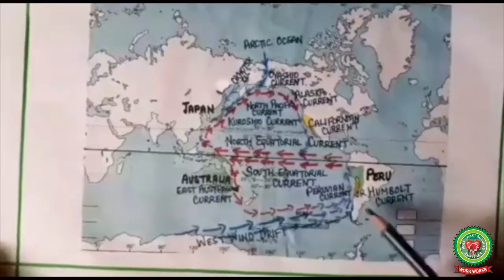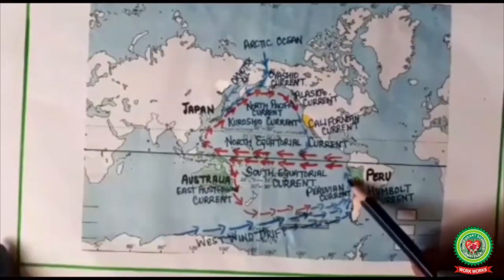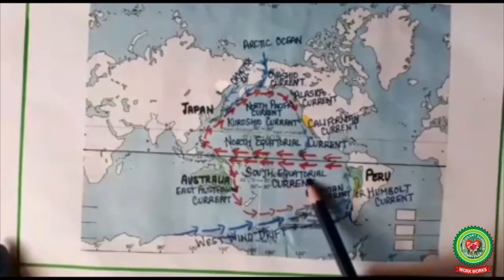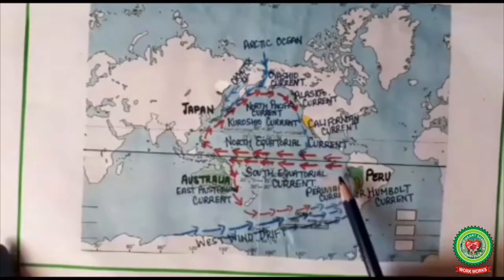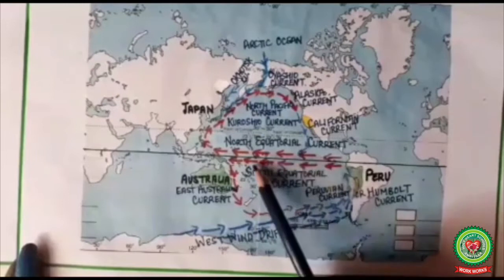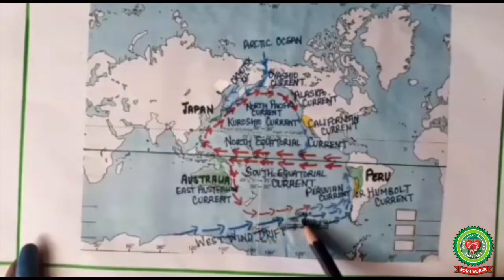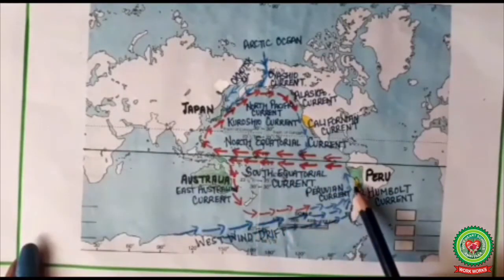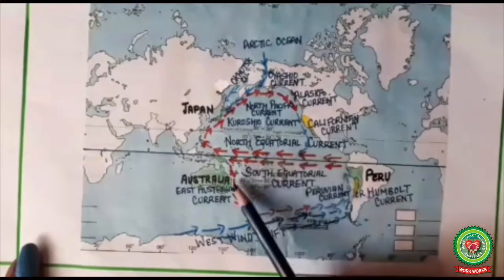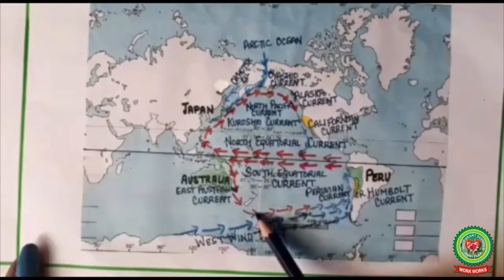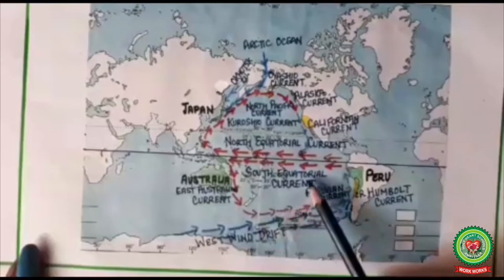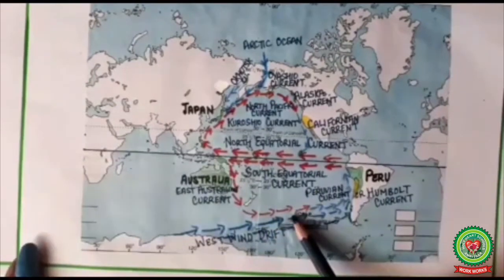The Peruvian Current finally merges with the South Equatorial Current, and in this way the whole circuit is completed in an anti-clockwise direction in the South Pacific Ocean as it lies in the southern hemisphere. This is again the effect of the rotation of the earth.